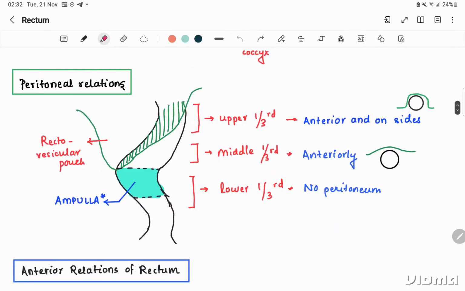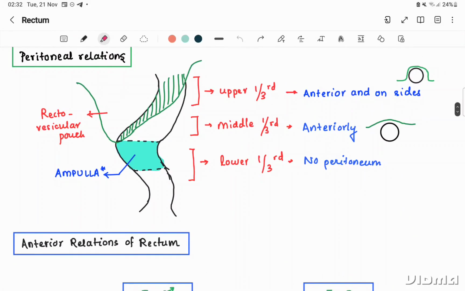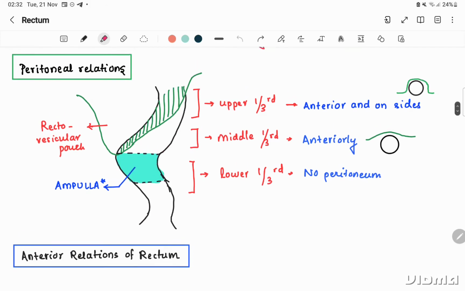Let's talk about the peritoneal relations. What are the peritoneal relations of the rectum? First of all, this whole part is the rectum, and you can see the curvatures well defined. The upper one third is covered by the peritoneum on the anterior side and on both sides.